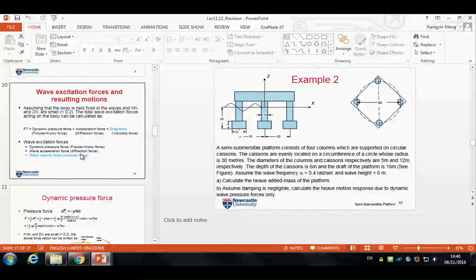So that's a reason why we call that stiffness. The other case is just for few motion, up and down.